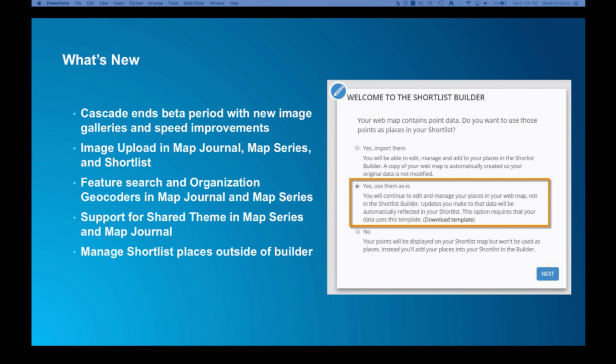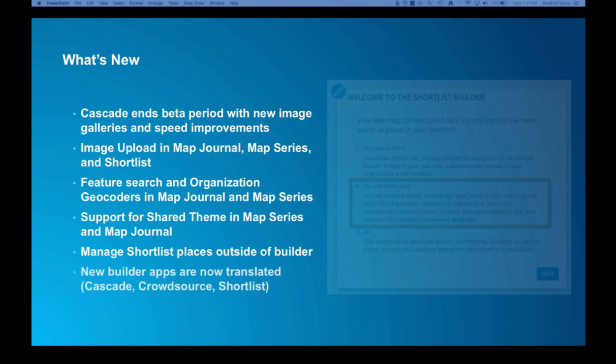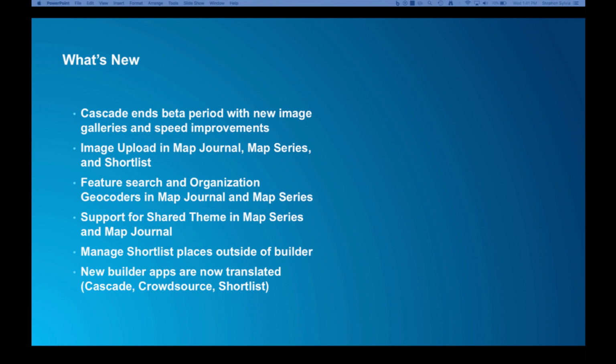If you're building a web map just with a CSV file because you're coming from a version 1, or you want to dynamically edit it outside of the builder, you can now choose use them as is, and you can edit the web map, and all those updates will be reflected in the final view of the shortlist. And lastly, all of our new builder apps are now translated into all the standard ArcGIS Online languages, so you're no longer just American use only.